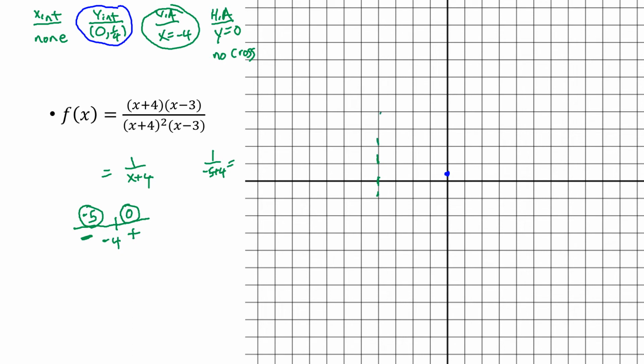So at negative 4, we're going to have a vertical asymptote. Also, we know we have a horizontal asymptote at 0, and we know again that it will not cross the horizontal asymptote. So this line will not get crossed.